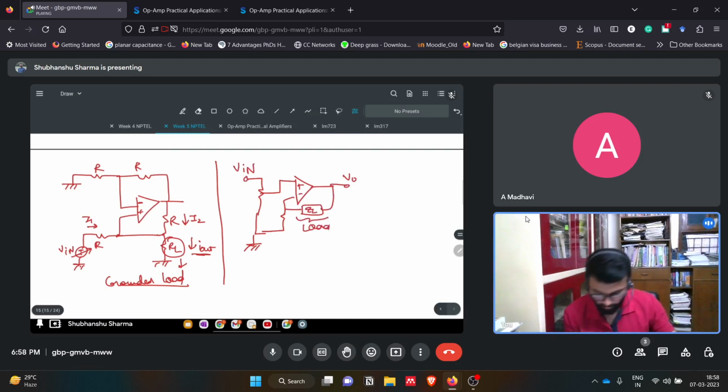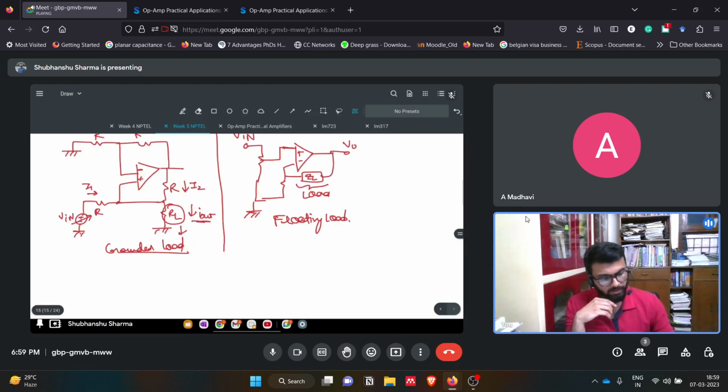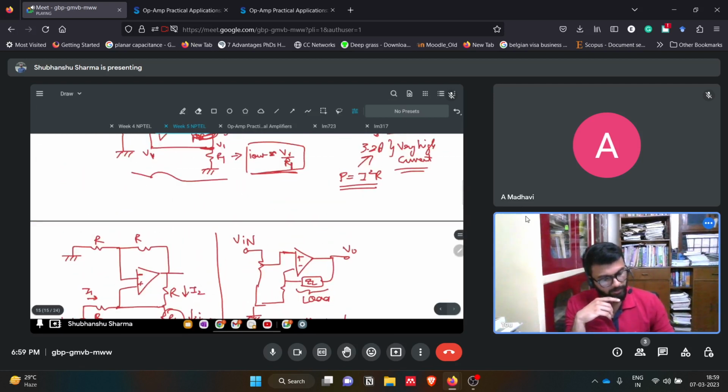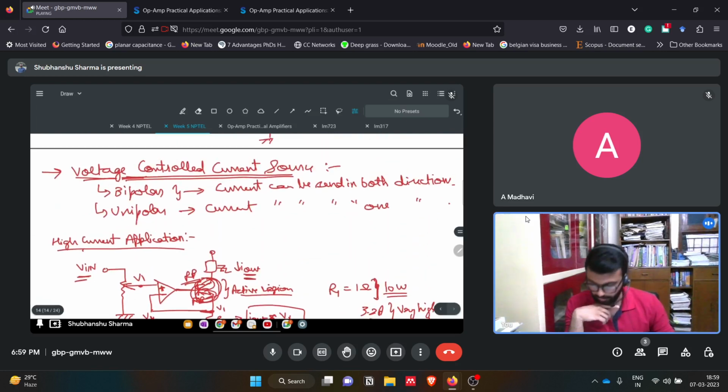This was a floating load, because one side of it is floating, that is V naught. And this was a non-inverting configuration, because the input is at the non-inverting side. Again, we can have an inverting configuration also, where the input is at the inverting side of the op amp. So these were the voltage controlled current sources.